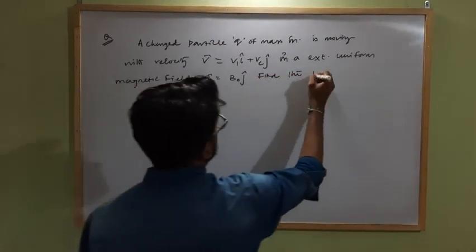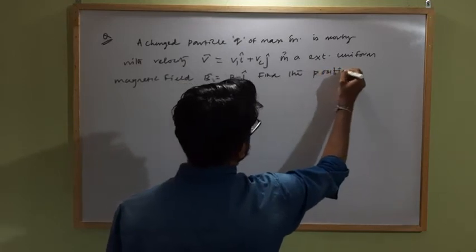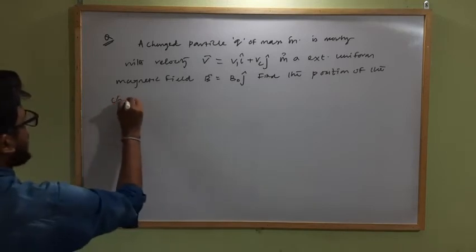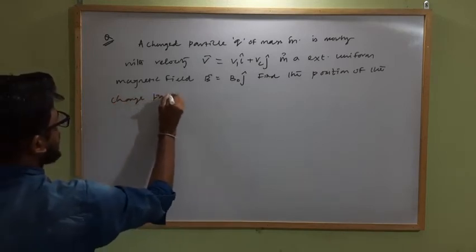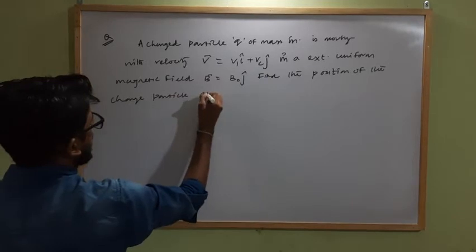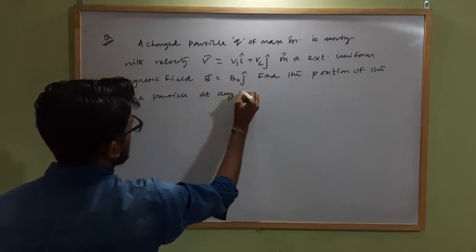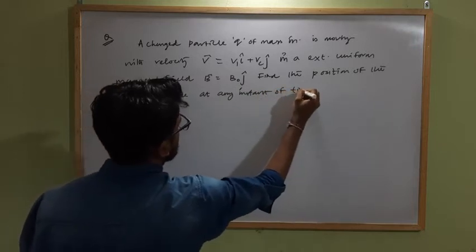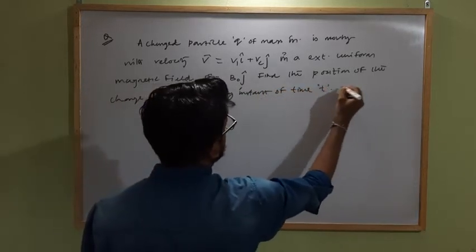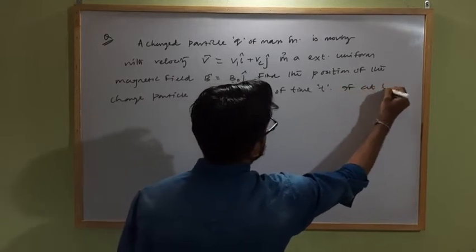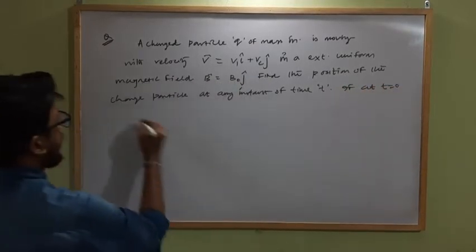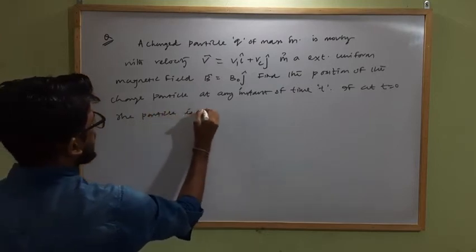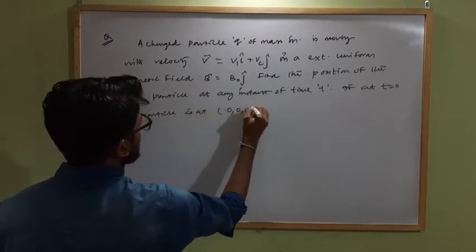Find the position of the charged particle at any instant of time t if at t equal to 0 the particle is at 0, 0.